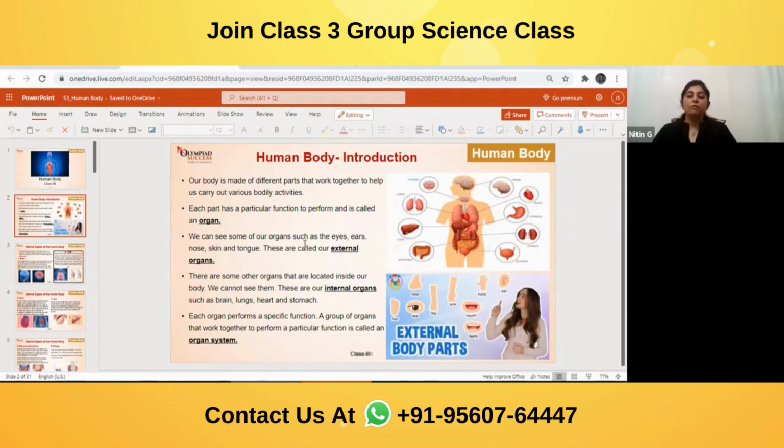We can see some of our organs such as eyes, ears, nose, skin, tongue. These are the organs which are outside the body and we can see them; they are the external organs. There are some other organs located inside our body which are known as internal organs, like brain, lungs, heart, stomach. All these are internal organs which we cannot see.